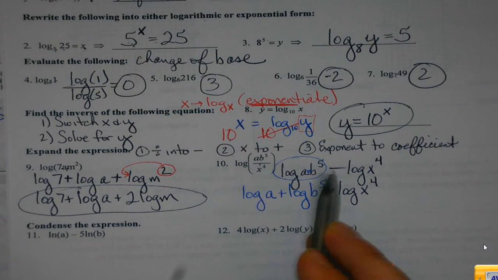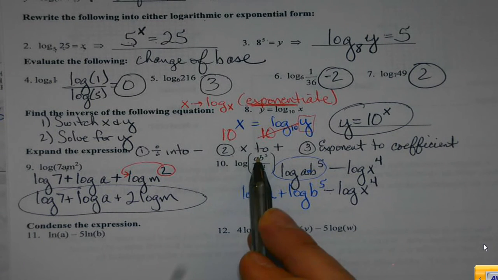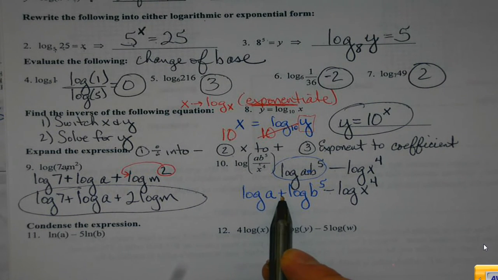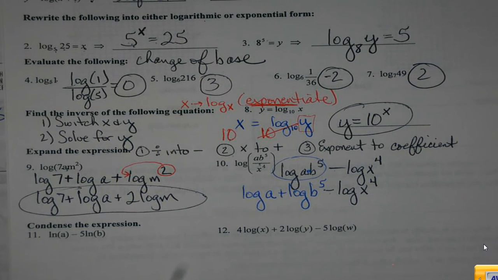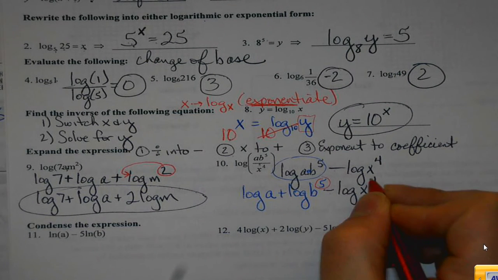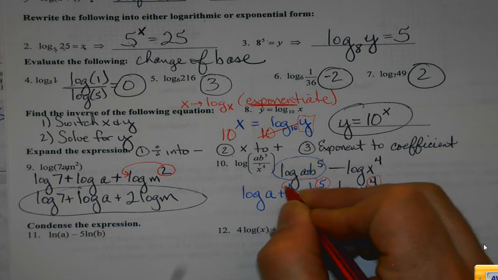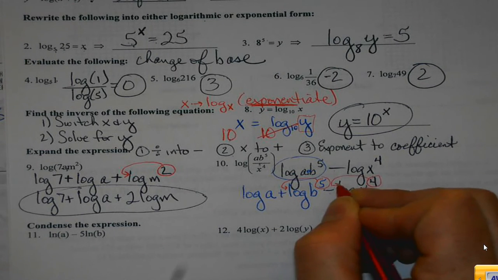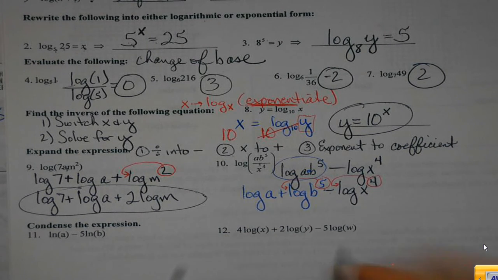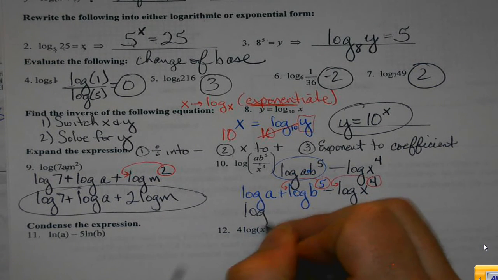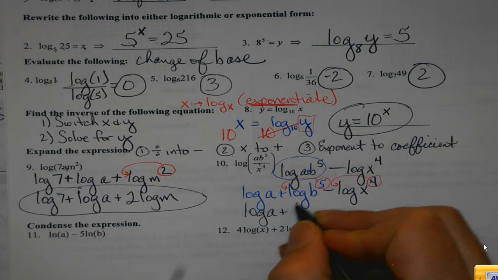So divide became subtract. Multiply became add. And now my last job is to find those exponents and swing those guys back to the front of their term.